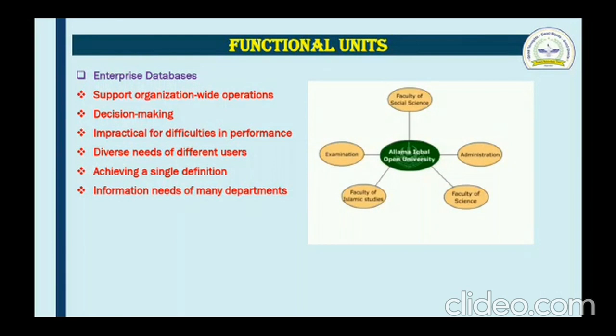A single operational enterprise database is impractical because of difficulties in performance, the diverse needs of different users, and the complexity of achieving a single definition of data for all database users. An enterprise database does, however, support the information needs of many departments. The most important type of enterprise database today is called a data warehouse.